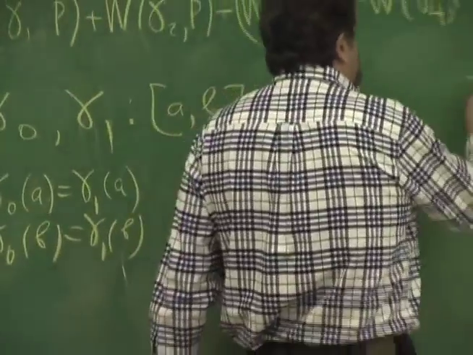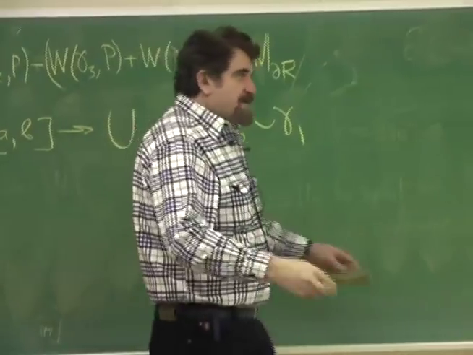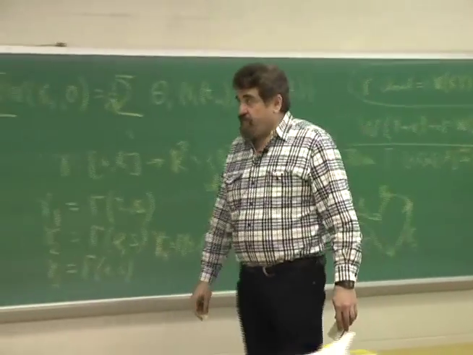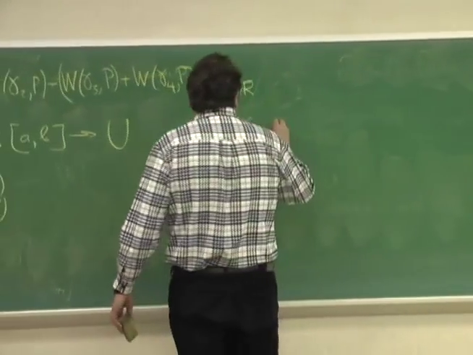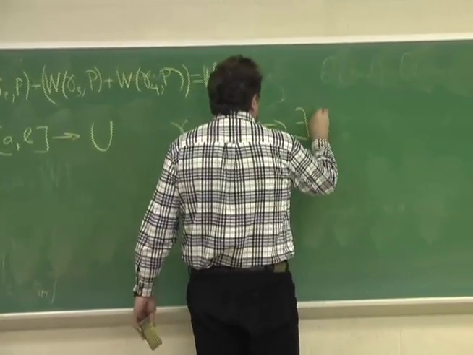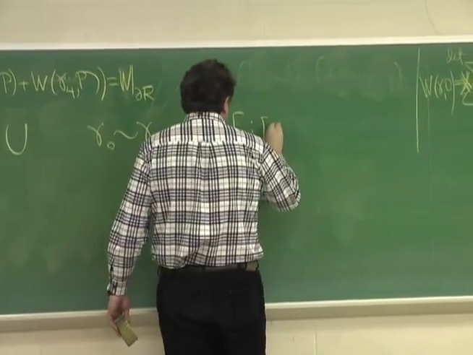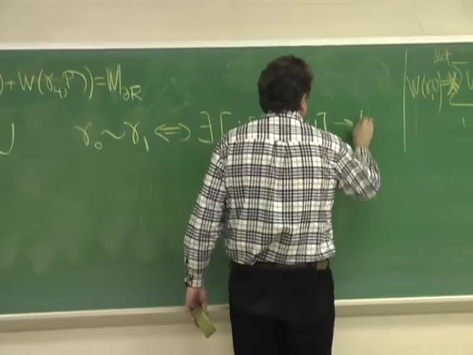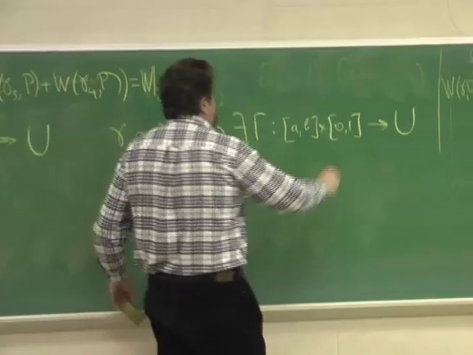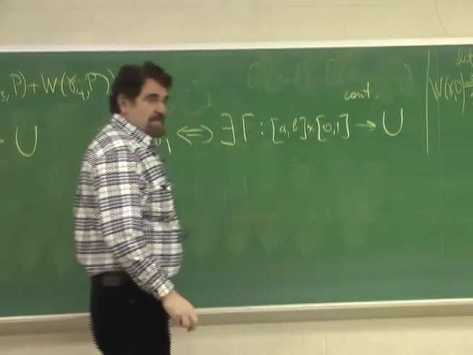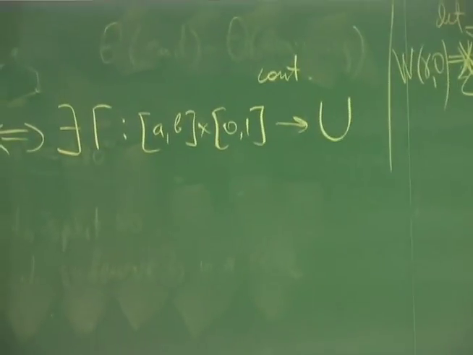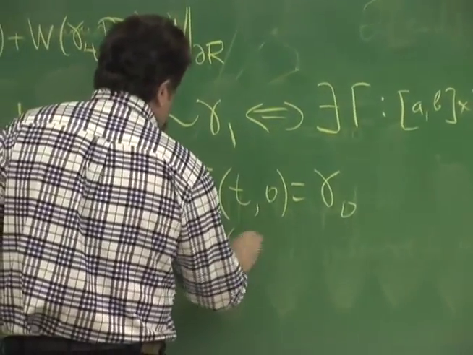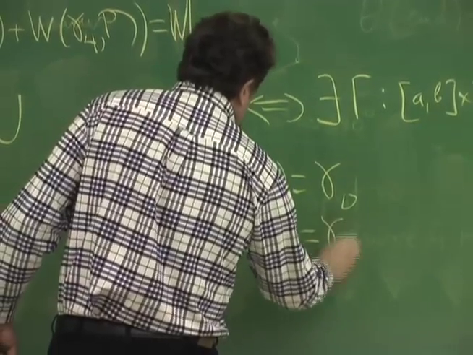So these two curves have common beginnings and common ends. These two curves are called homotopic, as curves with common ends, if there exists a continuous mapping gamma of [A, B] times [0, 1] to U, such that gamma of (t, 0) is gamma 0, and gamma of (t, 1) is gamma 1.